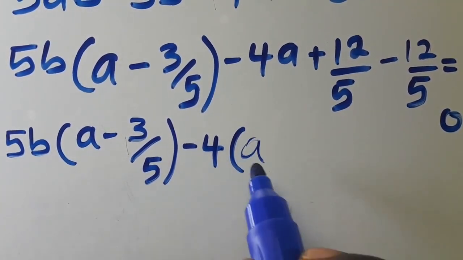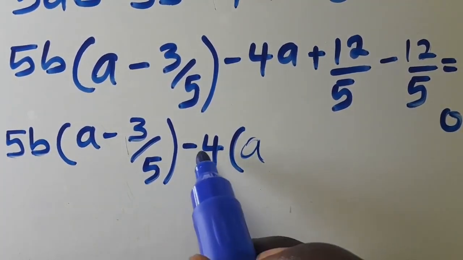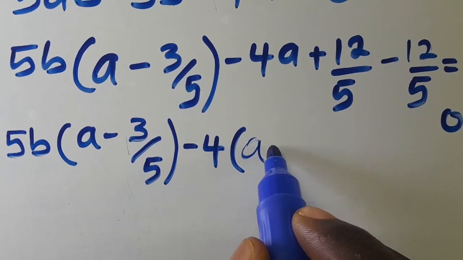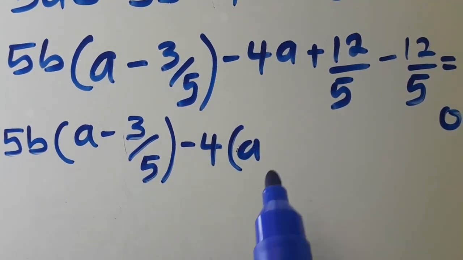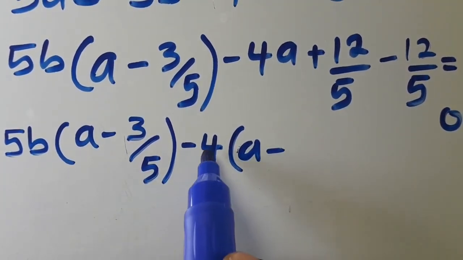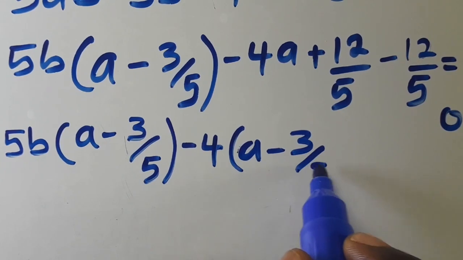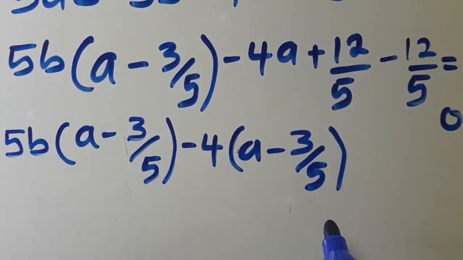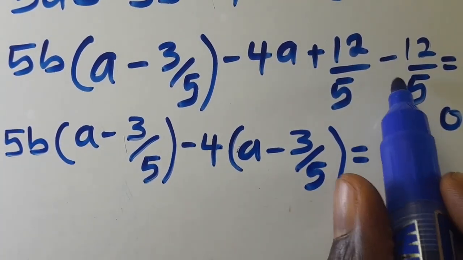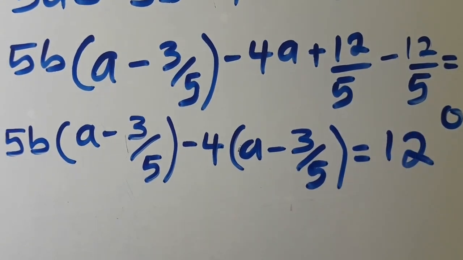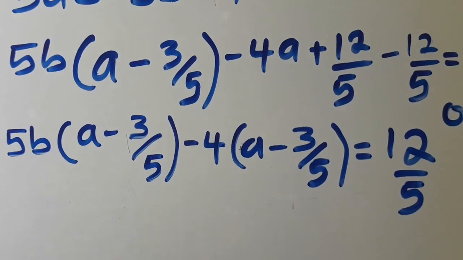Here will be a, then this will now be equal to minus. When you factor minus 4 from here, it will be minus 3 divided by 5. Then let's take this one to the other side, we have 12 divided by 5.